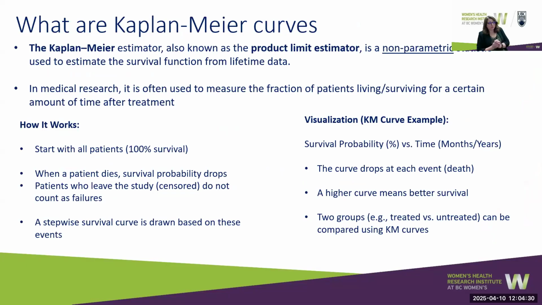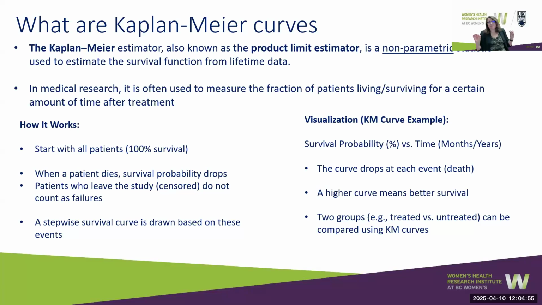What is a Kaplan-Meier curve? The Kaplan-Meier curve is also known as the product limit estimator, and it's a non-parametric test. We don't care if you have outliers, we don't care about anything. Basically, we only care about the total number of patients, either overall or in each stratum, and at each time point who failed.